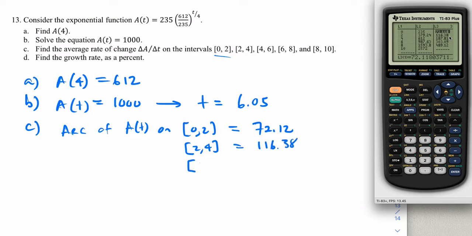On the interval from 4 to 6, it's 187.81. On the interval from 6 to 8, it's 303.09. On the interval from 8 to 10, the last one, 489.12.